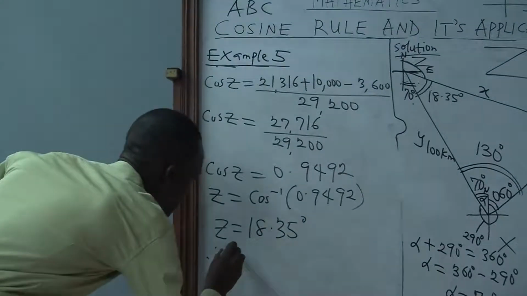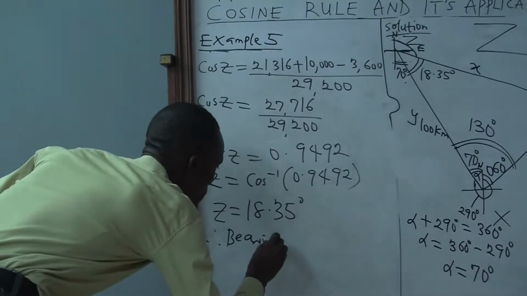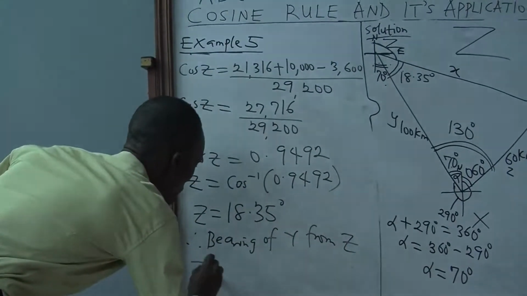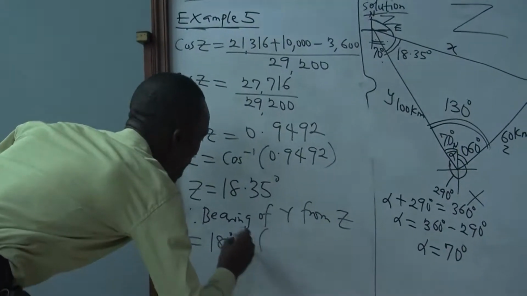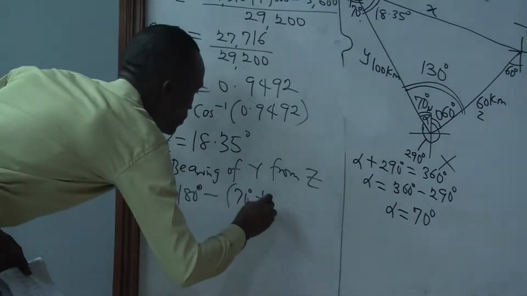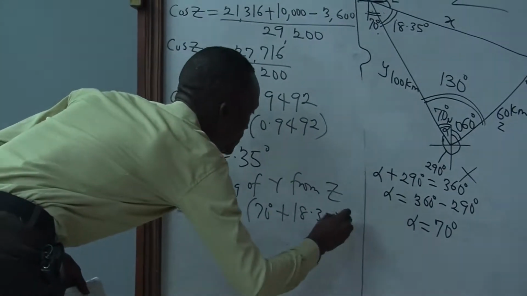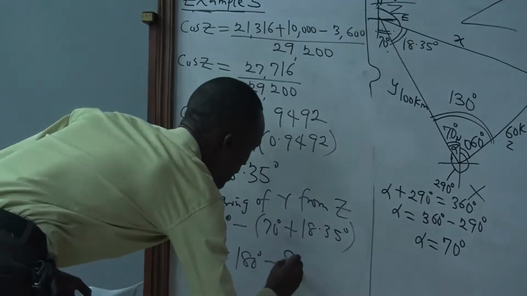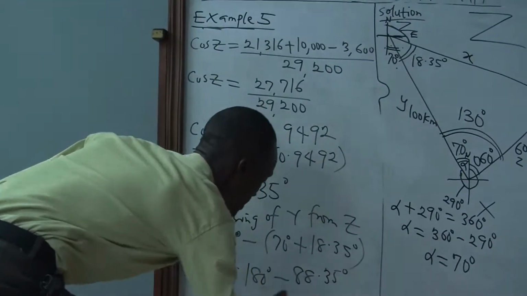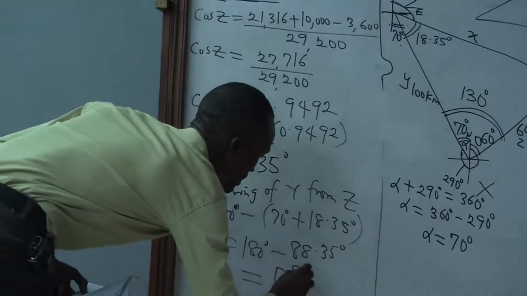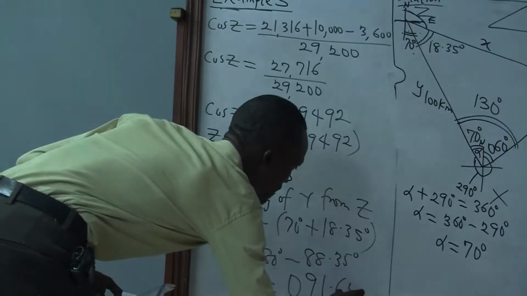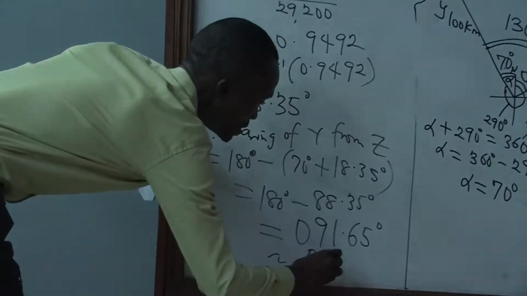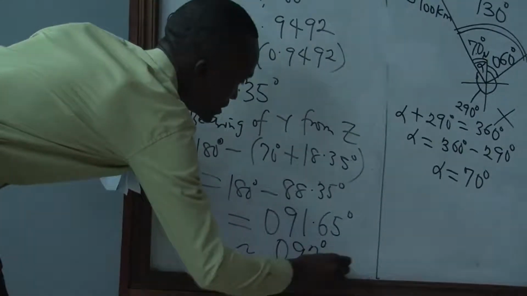So therefore, bearing of y from z will be 180 degrees minus 70 degrees plus 18.35 degrees, and that is 180 degrees minus 88.35 degrees, which is 091.65 degrees, and we can round it up as 092 degrees.